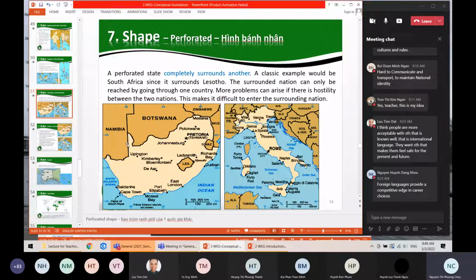It seems like the bigger one has more advantage there. Is there any disadvantage for the bigger one? Maybe yes or maybe no.